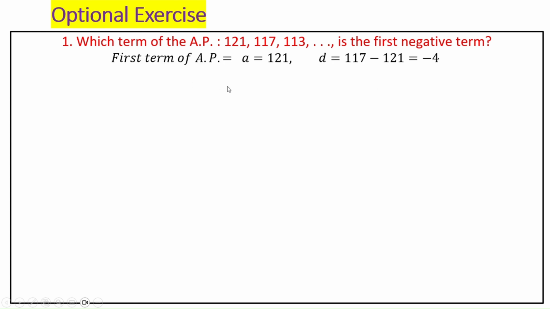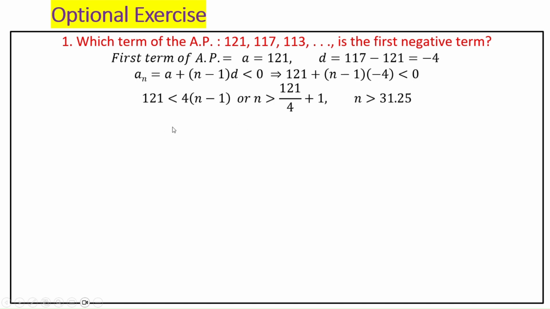How do you define a negative term? For this AP, a equals 121 and d equals minus 4. an should be less than 0, so we need to find n such that an is just less than 0. an is a plus n minus 1 into d, so 121 plus n minus 1 into minus 4 is less than 0.